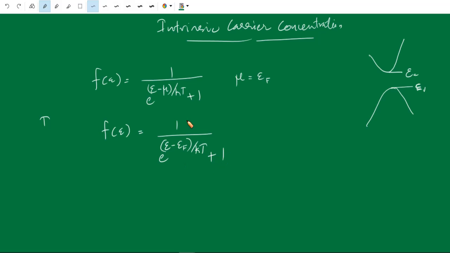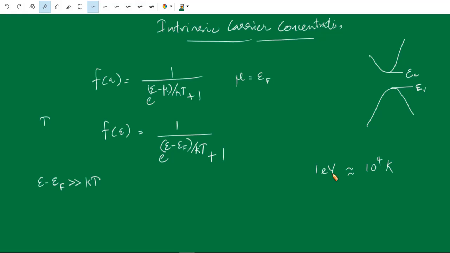Now let us imagine a situation where the energy difference E minus EF is very much greater than kT. That means this E minus EF is of the order of a few electron volts. But we know that 1 electron volt energy corresponds to a temperature of the order of 10 raised to 4 Kelvin, 1.1 into 10 raised to 4 Kelvin.